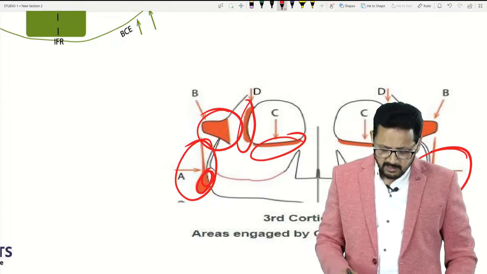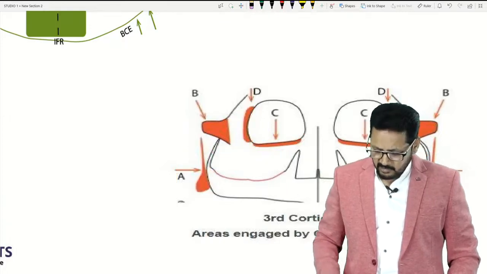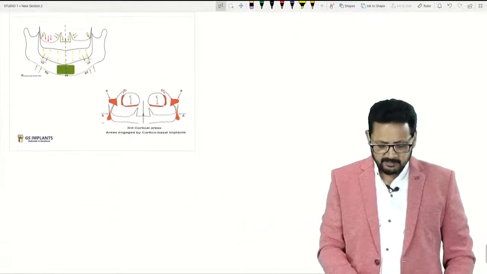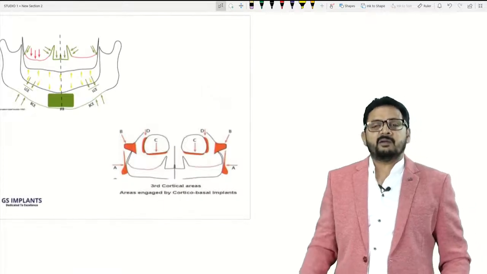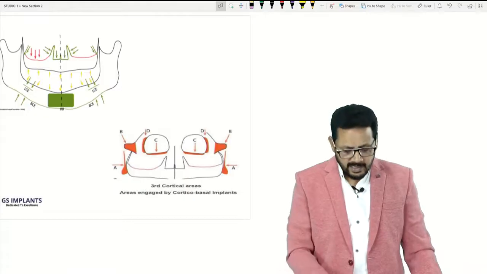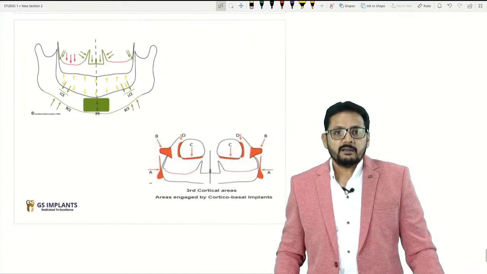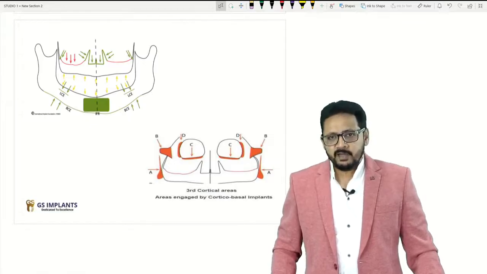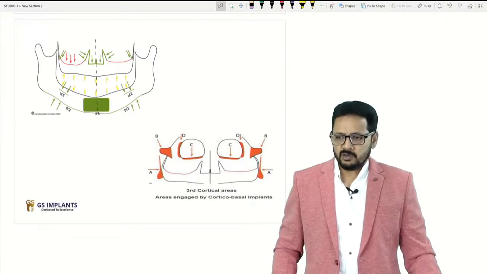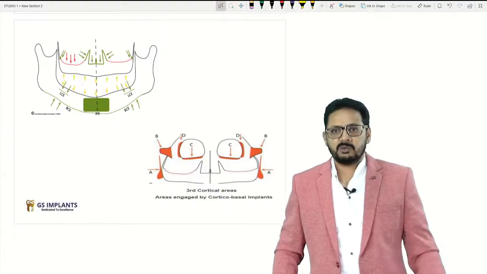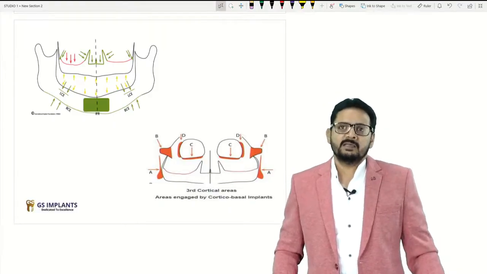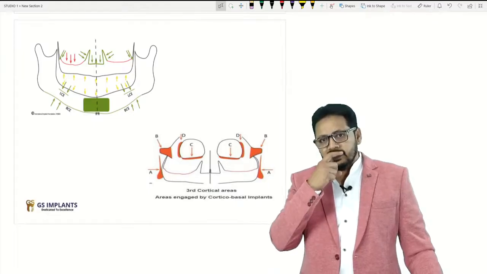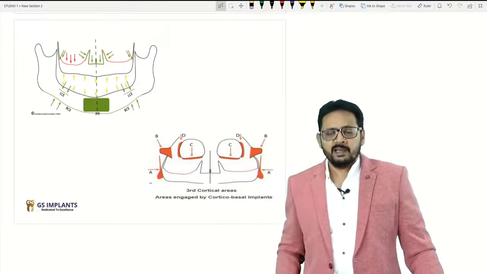So this was a brief introduction, or you can say the surgical considerations for placement of bicortical implants. Any questions regarding the surgical aspects, please feel free to post them in the group, so that Dr. Sesh Kumar will give me all those questions, and I will be able to answer them in the third module. Whenever it is there, we will let you know priorly.